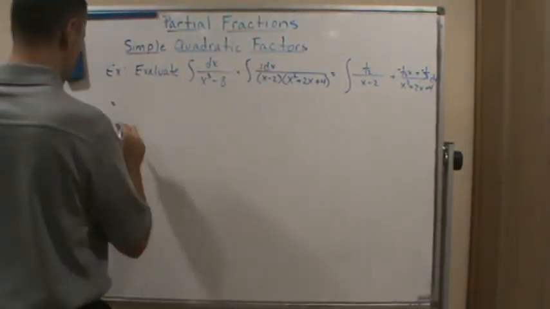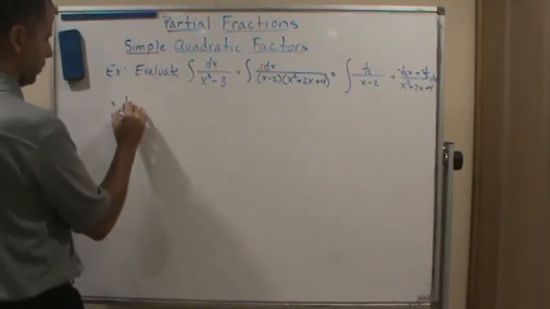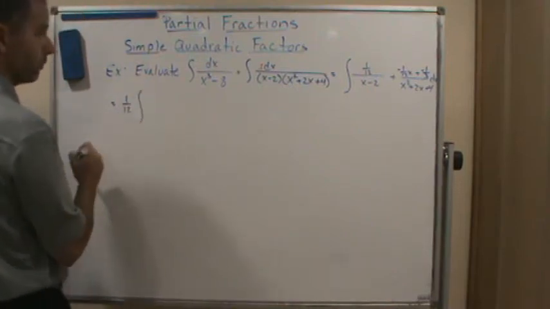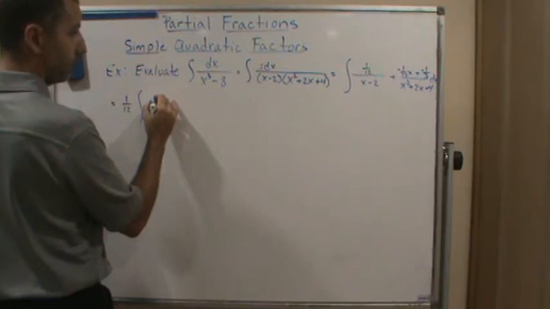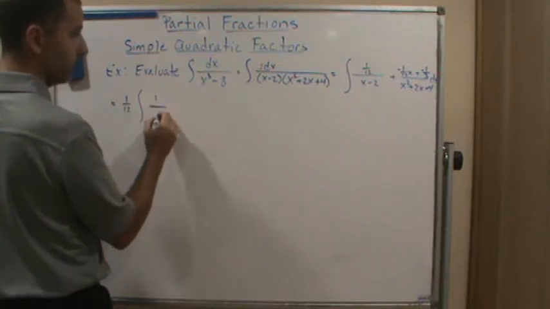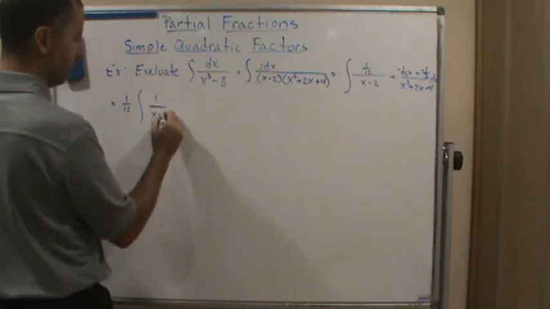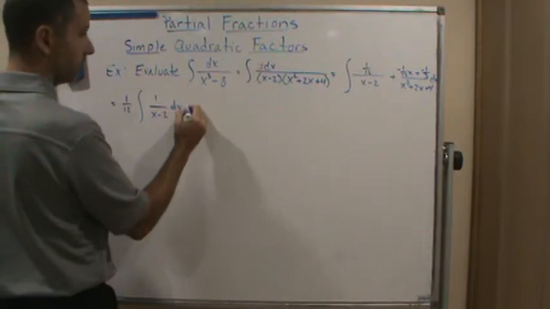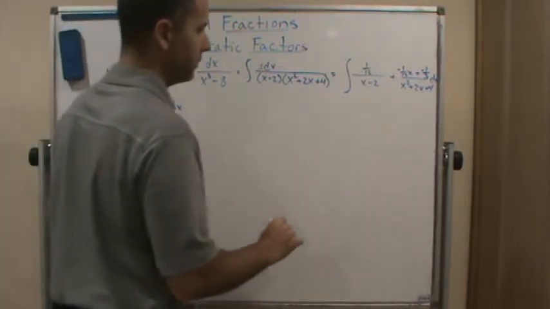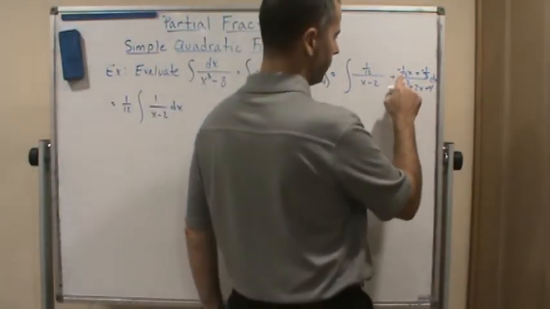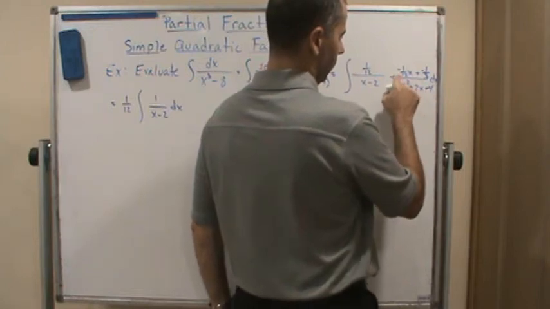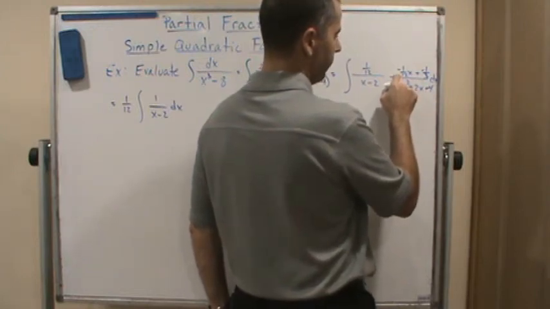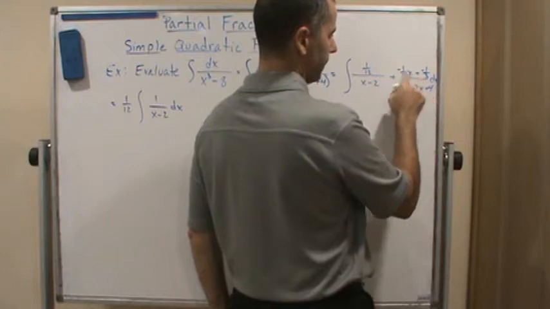So this is going to be 1/12 times the integral of 1 over x minus 2 dx. And I'm going to factor out a negative 1/12 here, because I want integers.